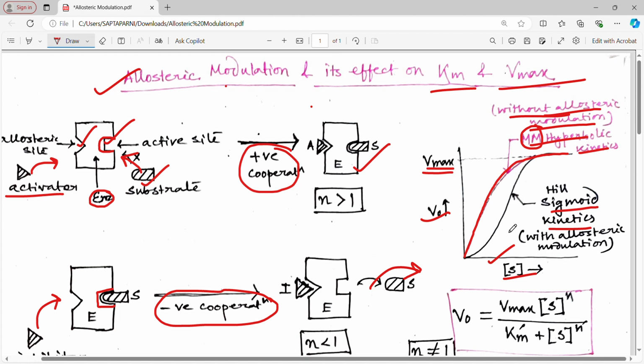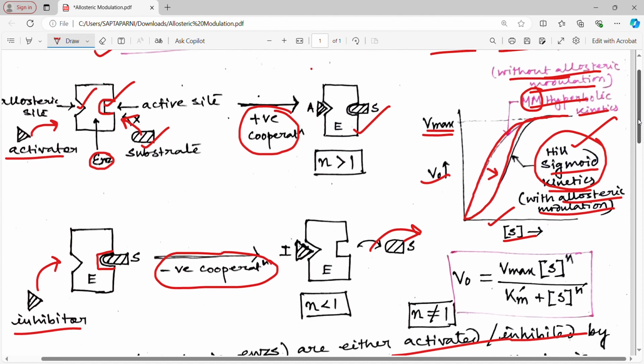But if there is allosteric modulation in the enzyme, that means the allosteric site is present and activators and inhibitors can bind to those sites and positively or negatively cooperate in the enzymatic reaction, then the graph changes into a sigmoid shape. Sigmoid shape means an S-shaped curve. This type of kinetics for allosterically modulated enzymes is known as Hill sigmoid kinetics.